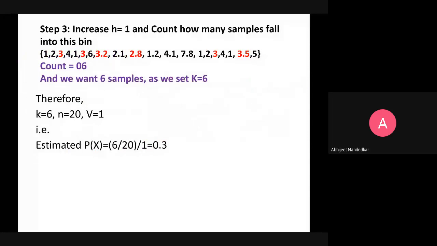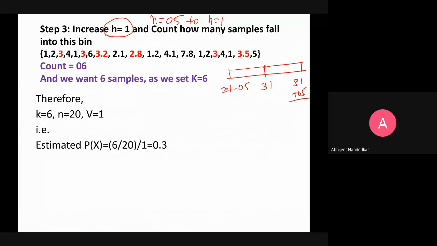Now let us say that I have increased from h equal to 0.5 to now h equal to 1. So I have taken a big window now. Then I again search for the count. So this was 3.1. Now this side I will go 3.1 minus 0.5, and this side I will go 3.1 plus 0.5, so maybe 3.6.